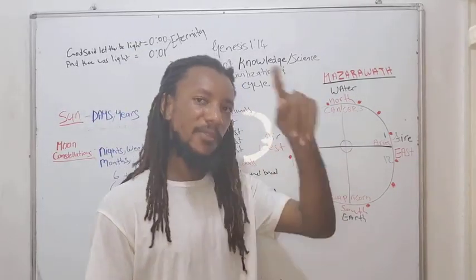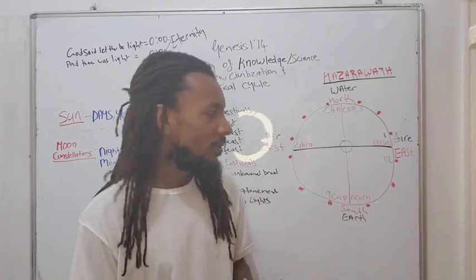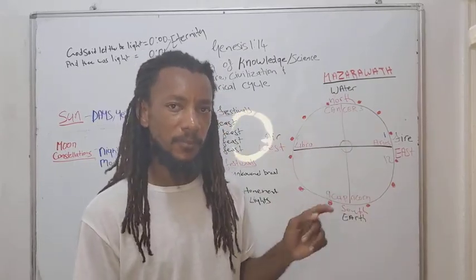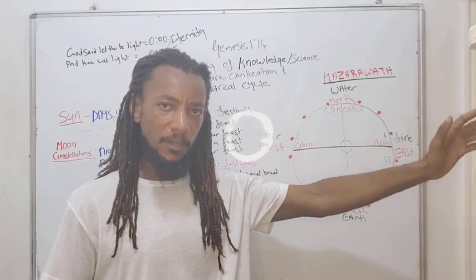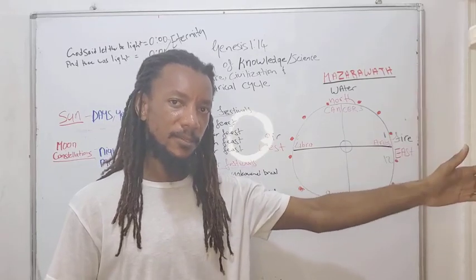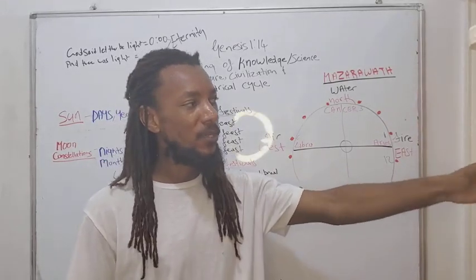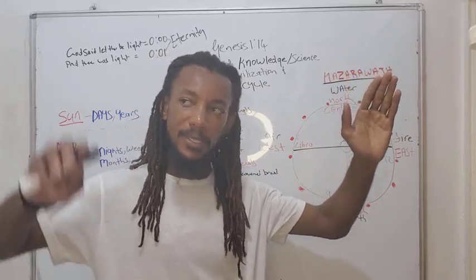You have the circuit of the heavens, right? The first thing you need to identify is what? Your four cardinal points, right? So how do you identify? The sun rises in the east, right? At the beginning of the year, the beginning of its revolution, it rises in the east. It sets in the west.